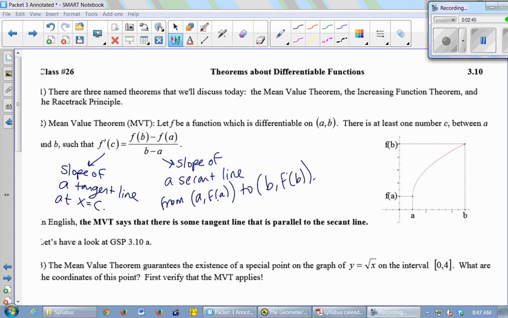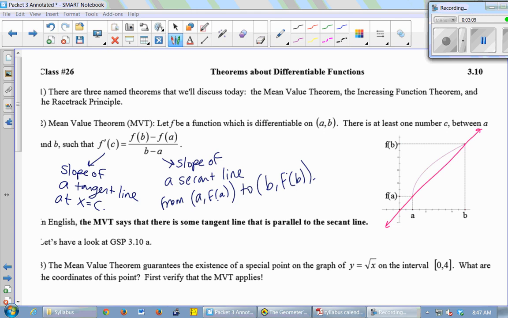So if I draw a secant line from a comma f of a to b comma f of b, put in a secant line here. I want to try to find some point, some x value between a and b, so that the tangent line at that point to the curve is parallel to that secant line.